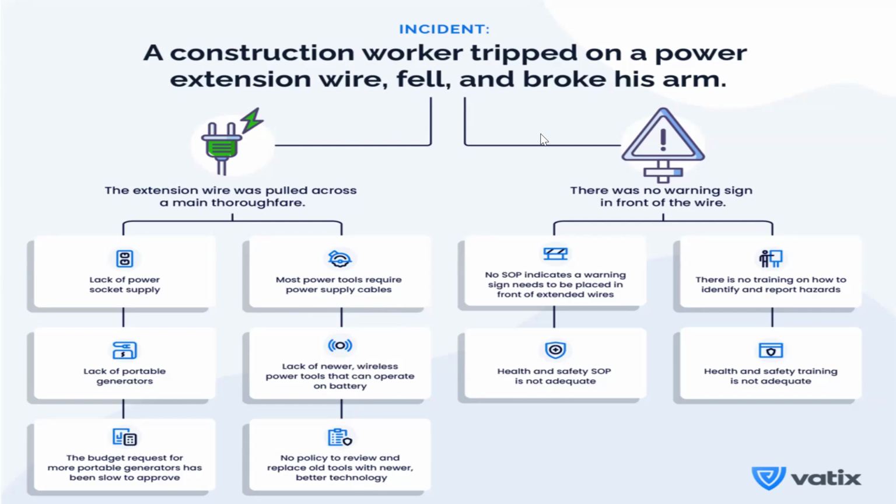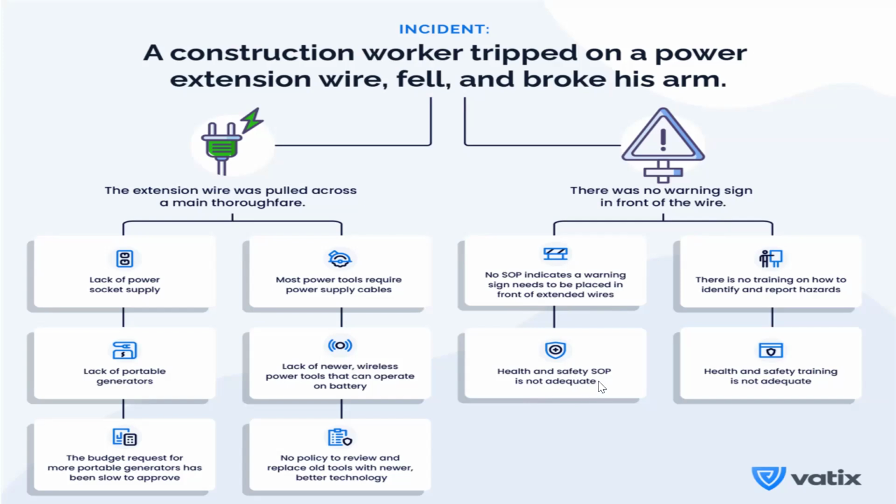Now, there was no warning sign in front of the wire. If they laid down the wire, they have to install a signage over there. No SOP indicates a warning sign needs to be placed in front of extended wire. Health and safety SOP is not adequate.